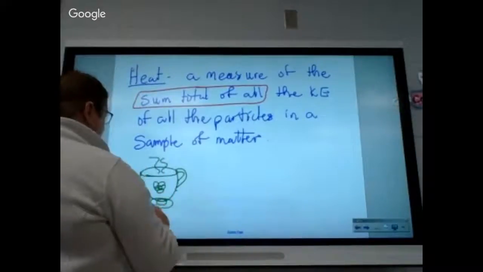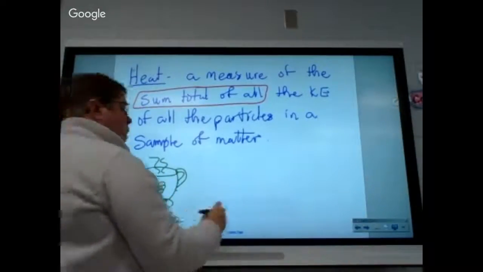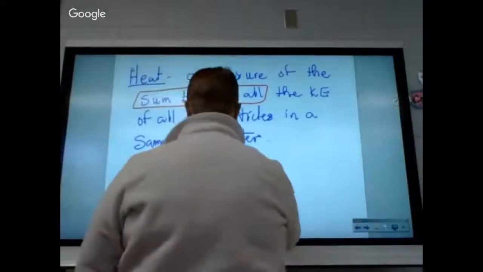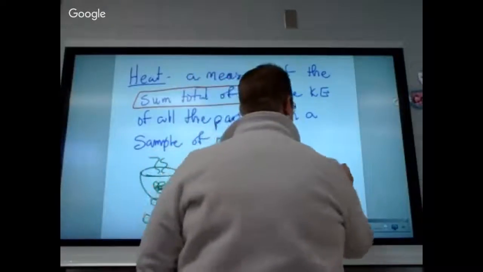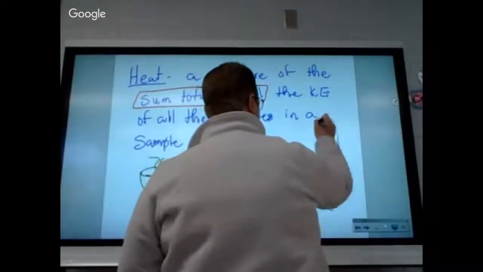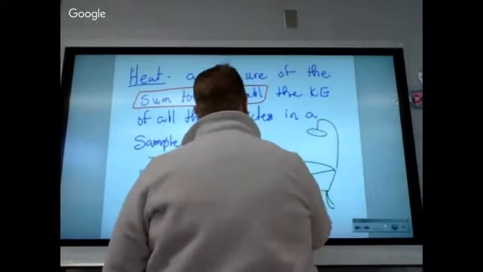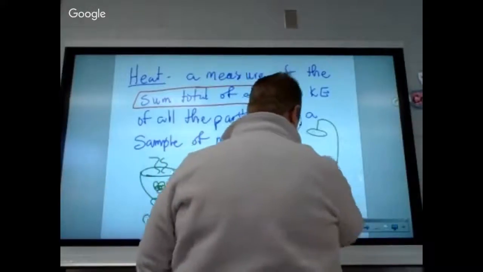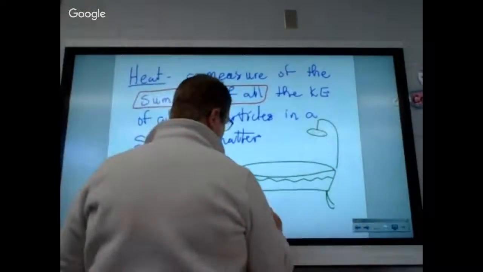For example, suppose that we have a cup of coffee. It's the only thing I can draw. Don't get excited, because now I'm going to mutilate the next one. I told you it was going to be bad. All right, so I got a lovely bathtub here.